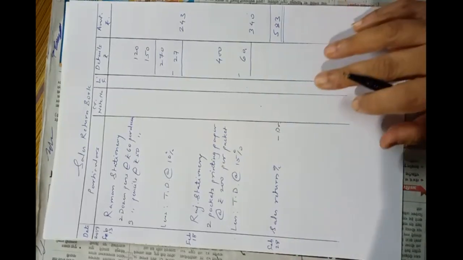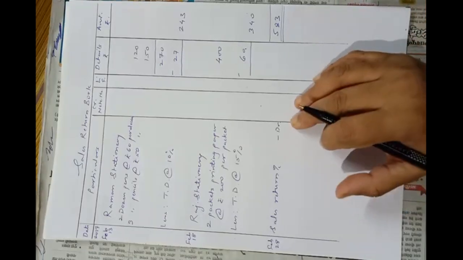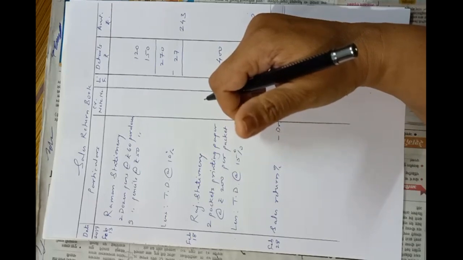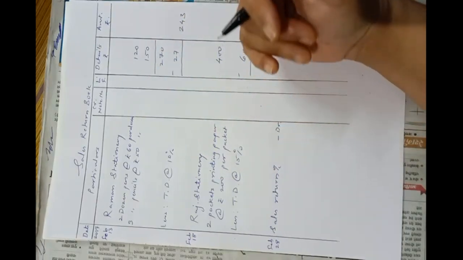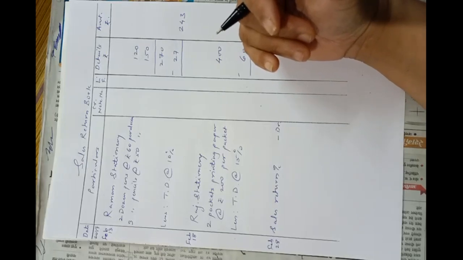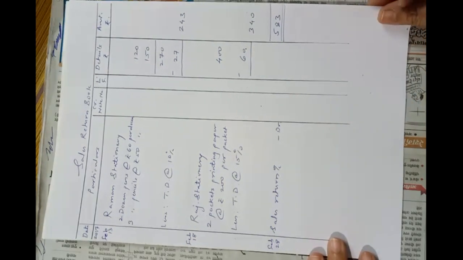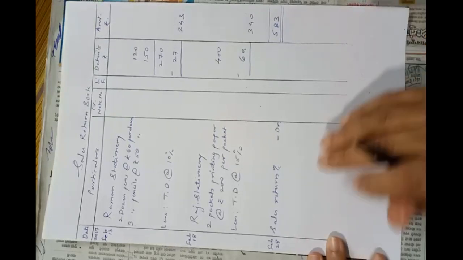Okay, sales return account debit. Sales return account is debited and parties accounts will be credited because goods are coming in, and Raman Stationery and Raj Stationery, these parties are givers. Okay, credit the givers. So we will credit parties account and debit sales return account.